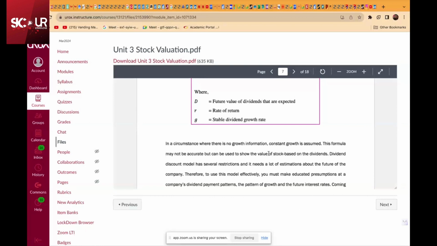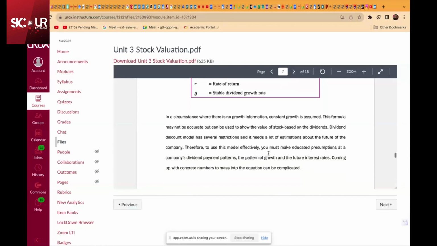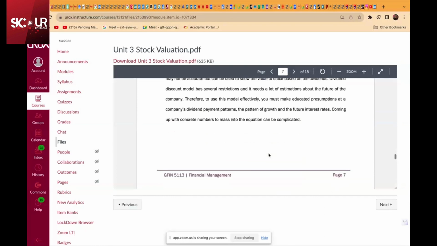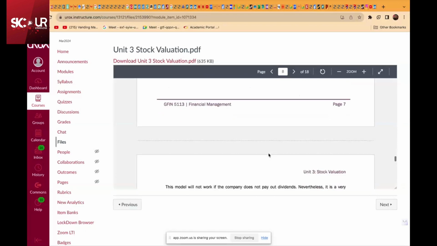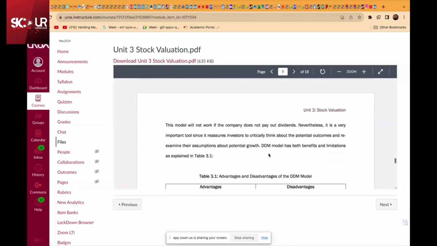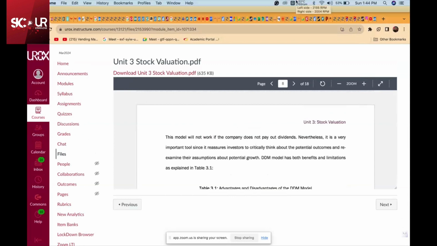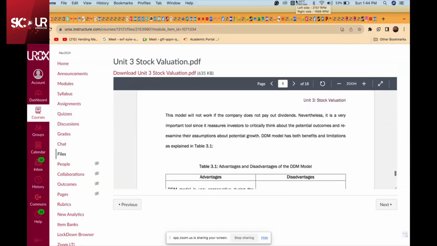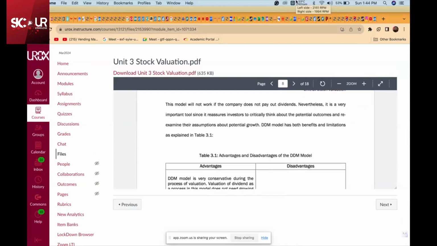So, everything is about estimate and guesstimate. The model will not work if the company does not pay out dividends. Nevertheless, it is a very important tool since it really assures investors to critically think about the potential outcome and re-examine the assumptions.